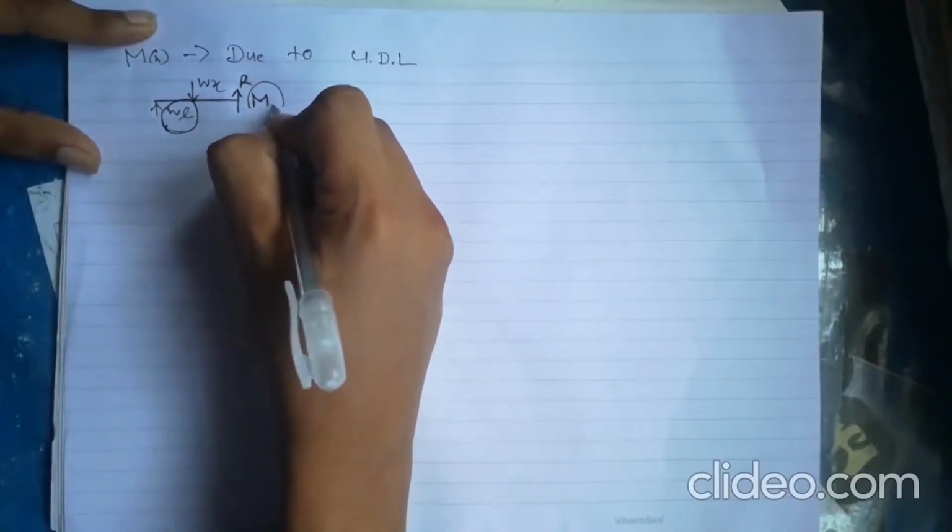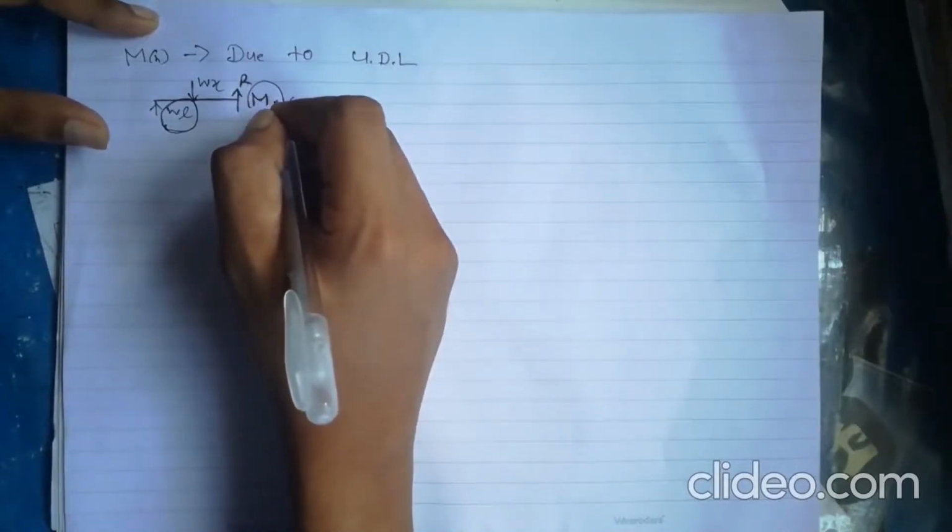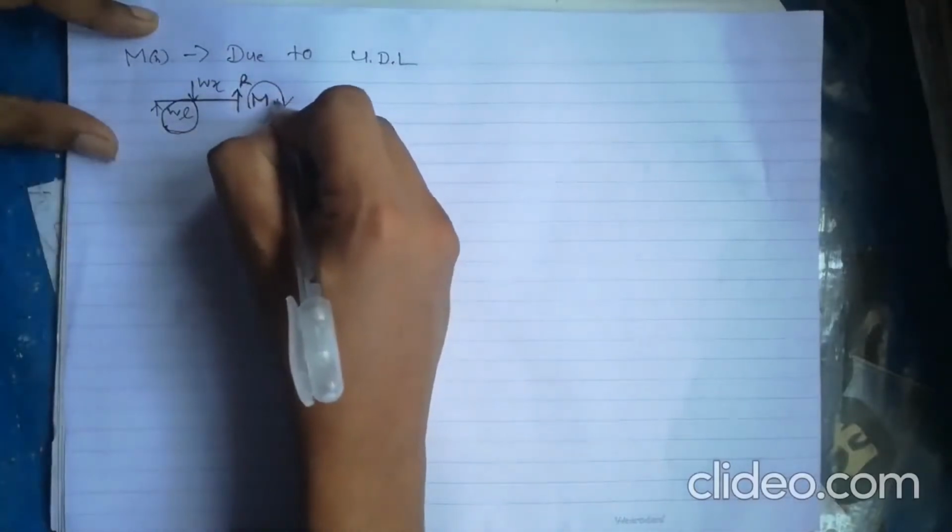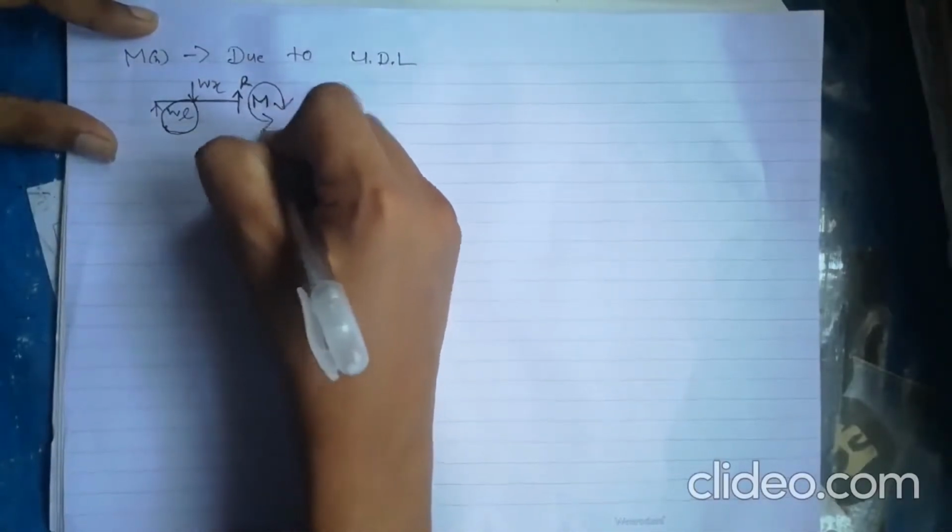I am trying to find the capital Mx here, so I am considering a point which is x distance from the left joint. Here, R is the shear force and capital M is the bending moment at that point.